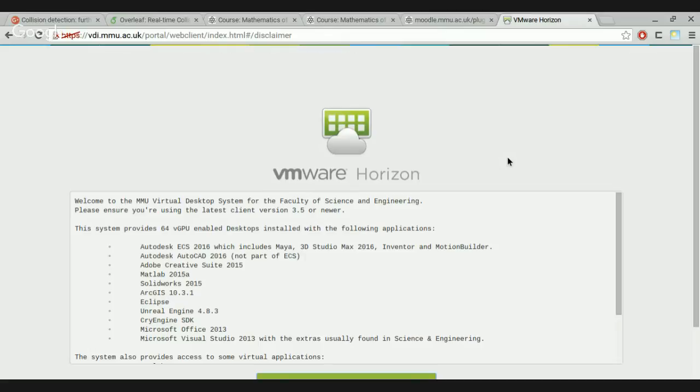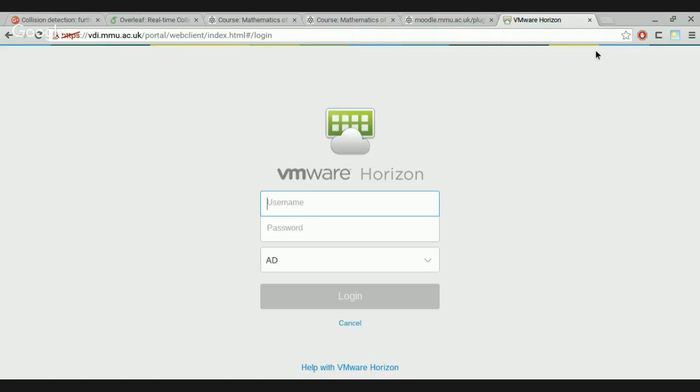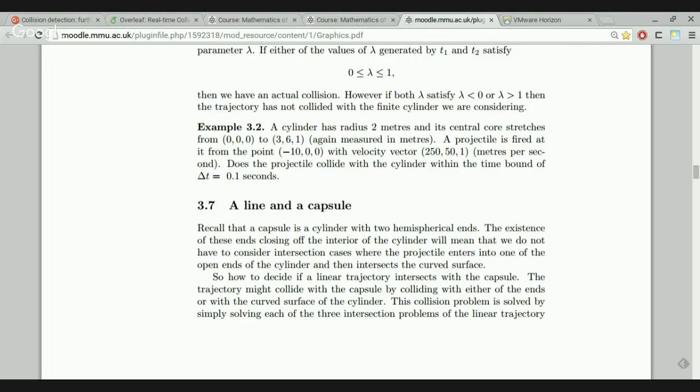If you have brought your own laptop or computer, you want to get MATLAB out, by all means. So it's example 3.2. Feel free to ask any questions you have or any clarification you'd like.